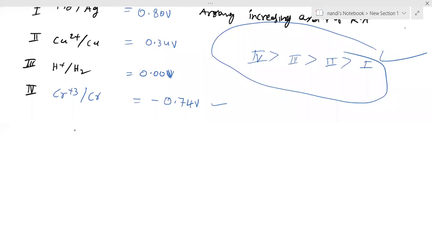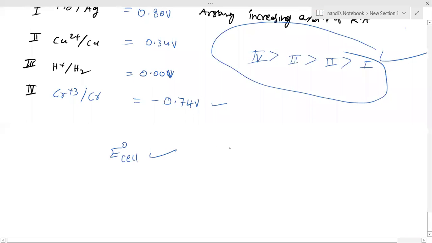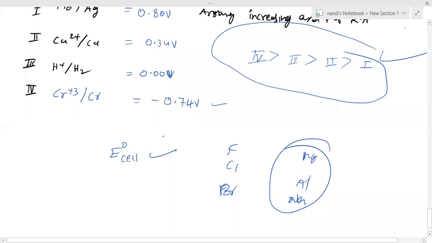You can take any 2 elements, such as fluorine, chlorine, bromine, or magnesium, aluminum, zinc, sodium, any combination, and calculate the E0 cell value using all the formulas.